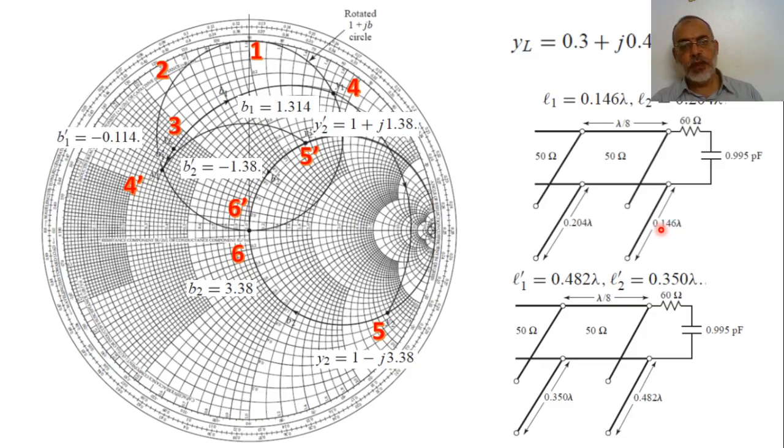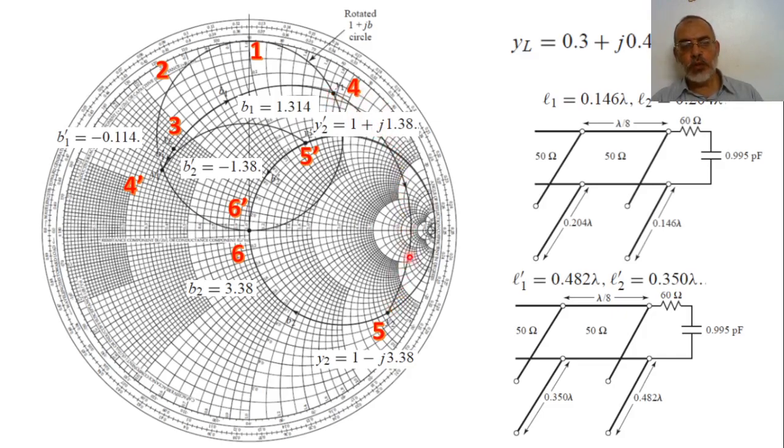Okay. Now, after reaching y1, we are going to move from this point at the first step to this point at the second step. The input admittance at this point would be located at the point y2.